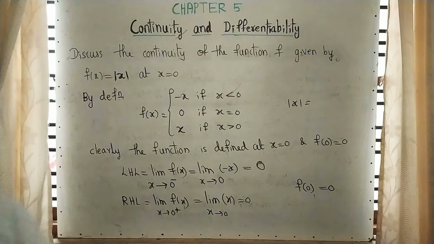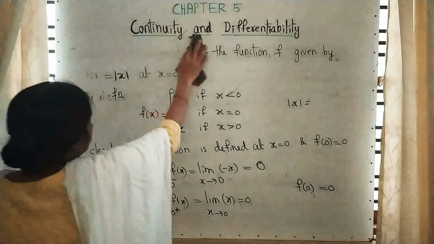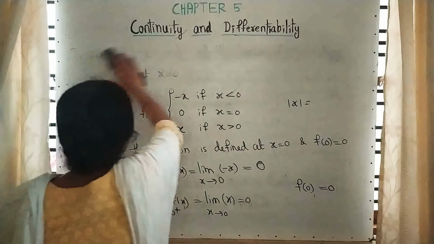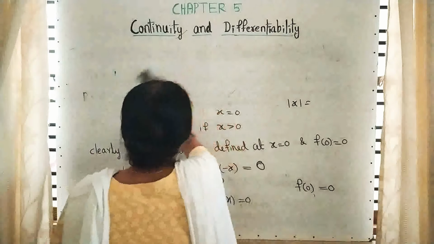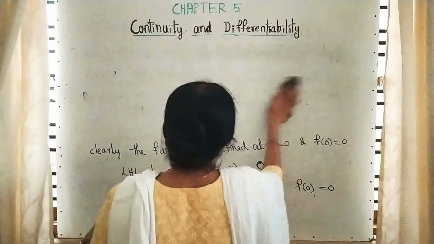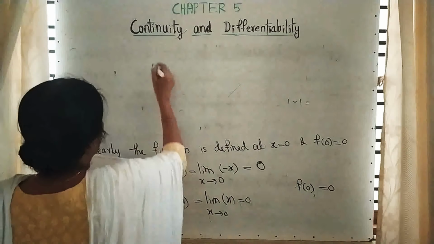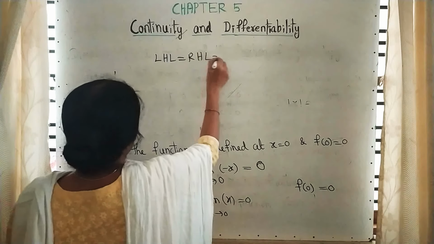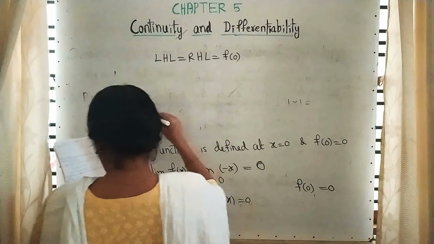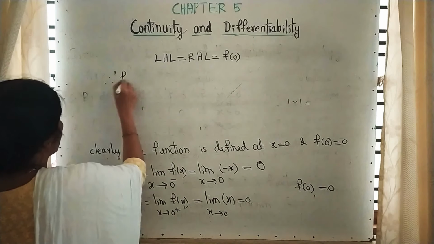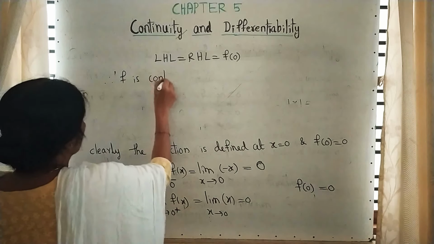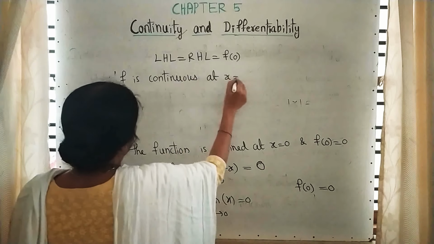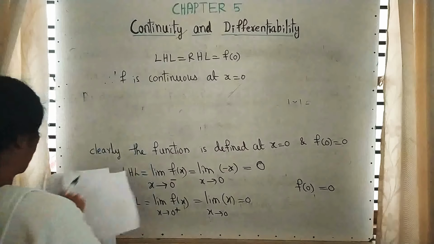The function is continuous. So LHL is equal to RHL is equal to f of 0. Therefore, the function f is continuous at x is equal to 0.